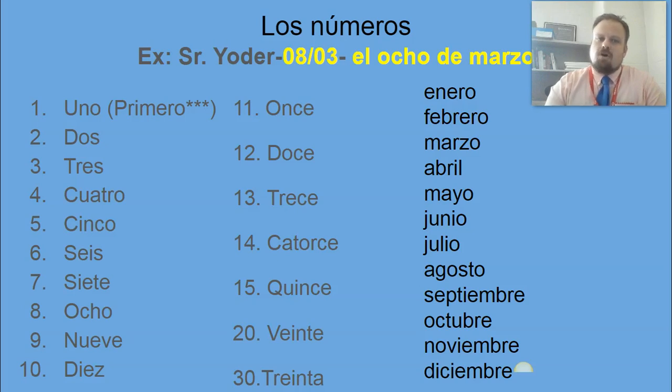So you don't need to know 31 new numbers or 31 new words. You just need to have a solid fundamental base. And then on the right there, you can see all of the months of the year. Now, a lot of them look the same, so being able to read them is going to be a lot easier than it will be to hear them. And you probably noticed that today in class.